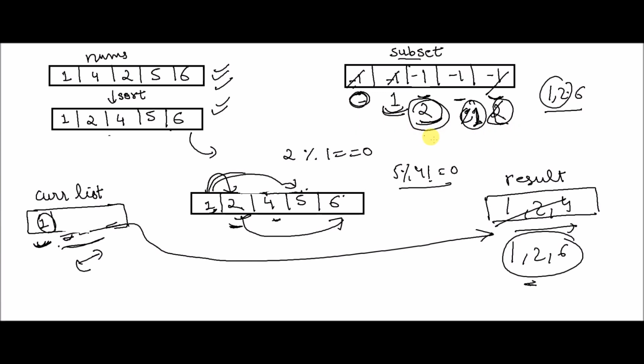We will simply return our result, that is 1, 2, 6. I hope it was clear, but unfolding recursion is always a bit tough. I've tried to unfold it and show you what our recursive code will do, and the remaining things will be clear when we code. So let's quickly code it out.